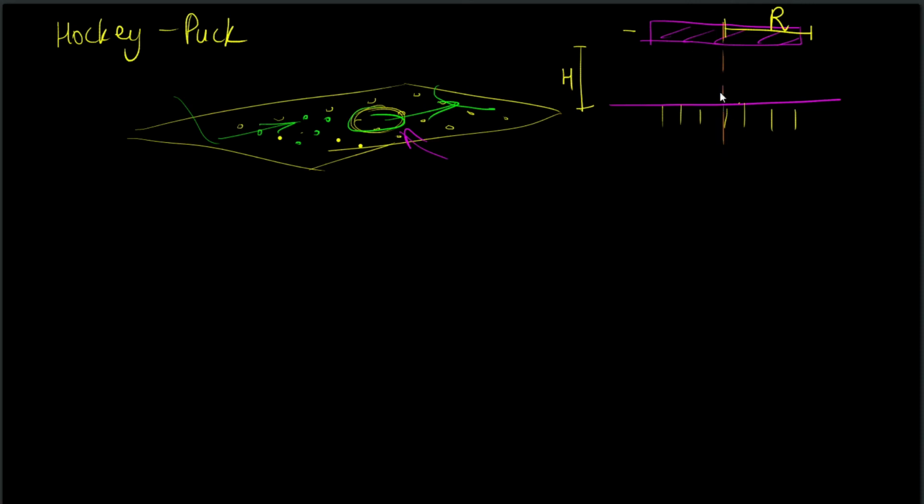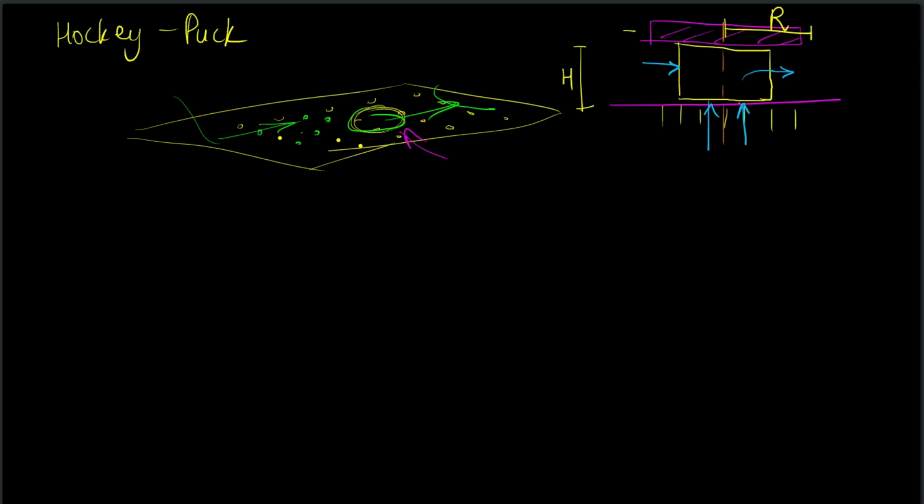Let us draw this as the axis of symmetry. So the question is, what is the velocity field? If I draw such a control volume, what is going on? Air is entering into this and then eventually leaving at this point. Now we will neglect the effect of viscosity.